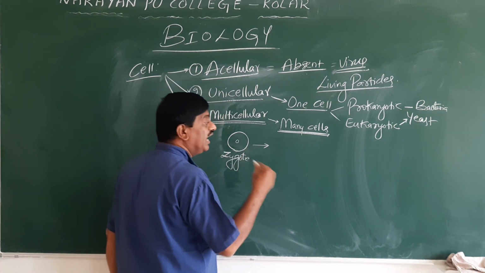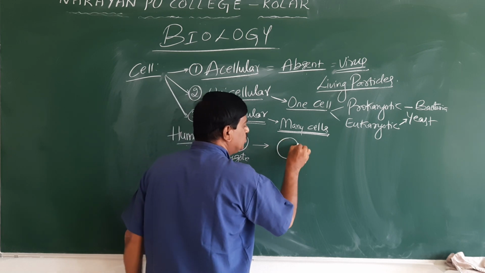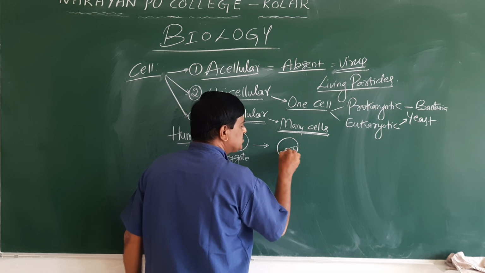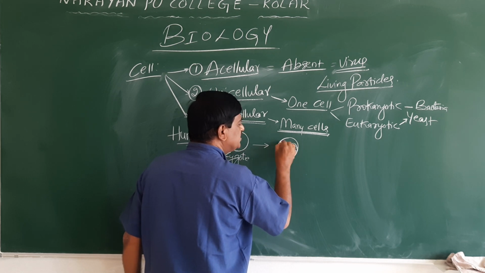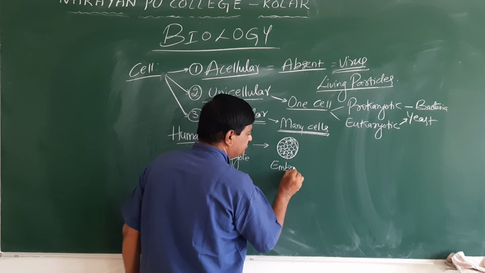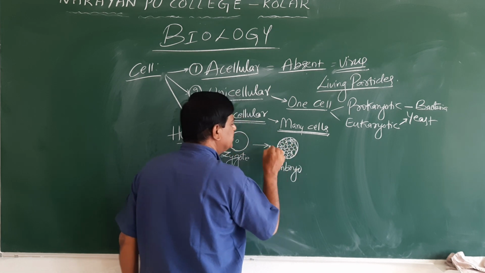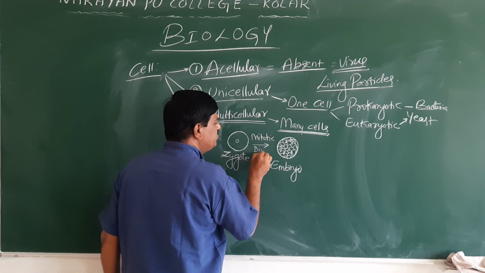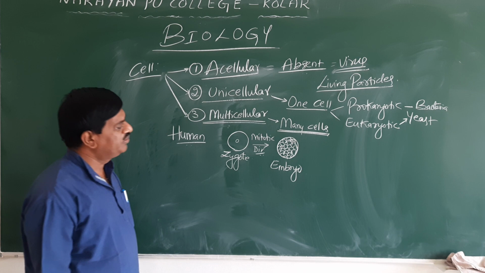This zygote undergoes repeated division to produce a ball of cells, a mass of cells, and this ball of cells or mass of cells is called an embryo. So the single cell undergoes repeated mitotic divisions to give rise to the embryo.